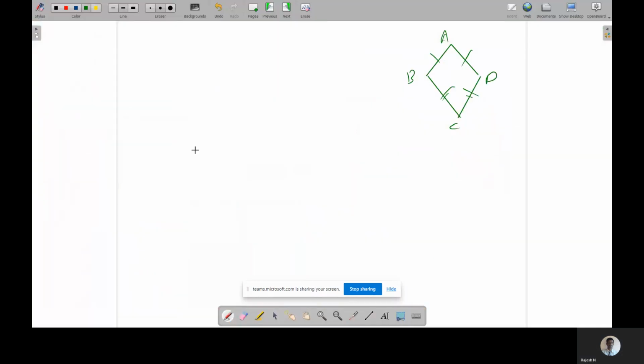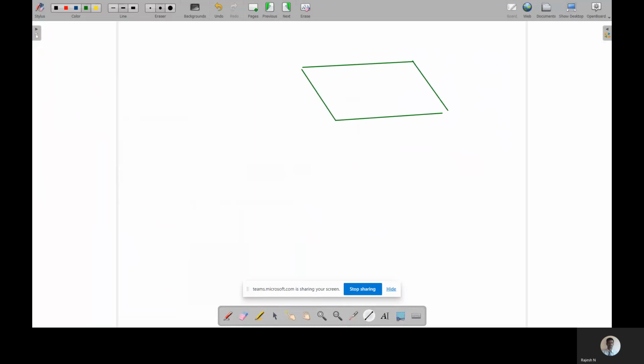Now, how to show that the diagonal of a parallelogram divides the parallelogram into two congruent triangles.